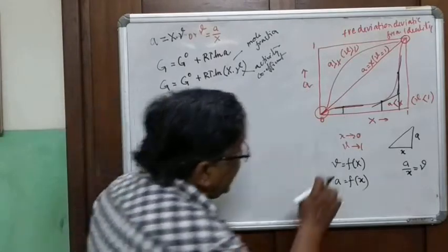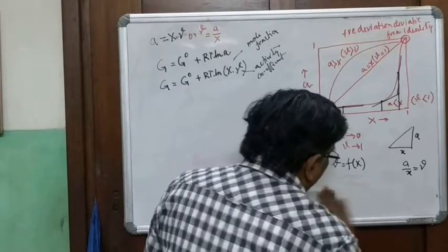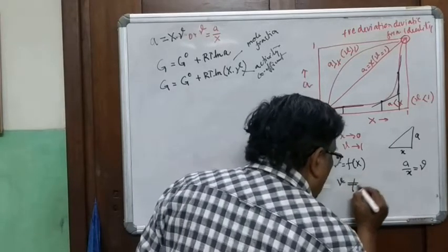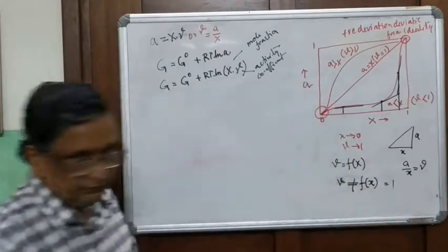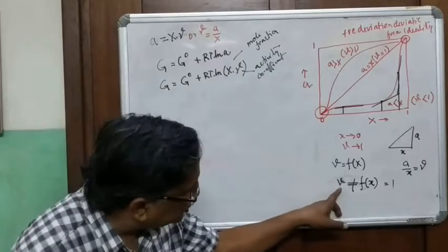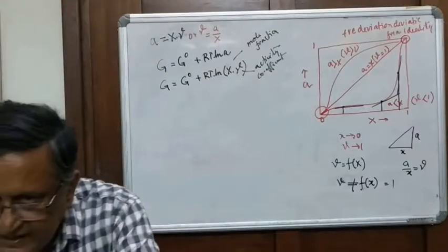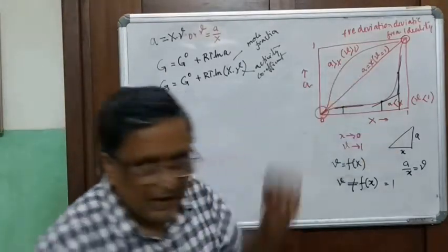But for ideal solution, gamma is not a function of X, because gamma is equal to 1. That means it's not a variable parameter. Irrespective of any X, it has the value 1.